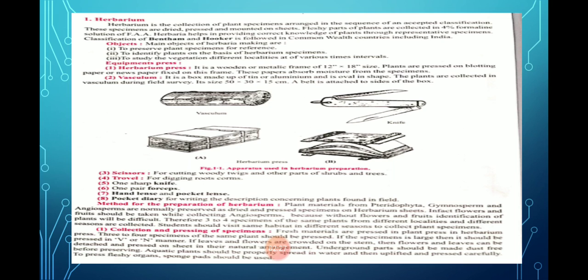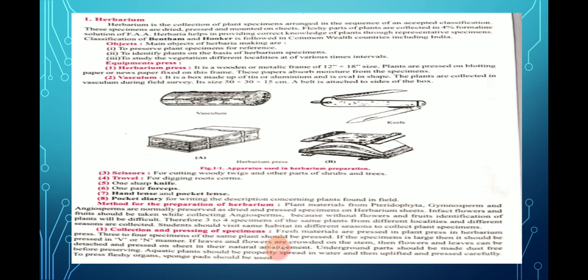Methods of preservation: we need to know whatever plant we are taking is of which group, which is angiosperm, gymnosperm, pteridophyta, bryophyta, etc., and then we have to collect it on the basis of that knowledge.